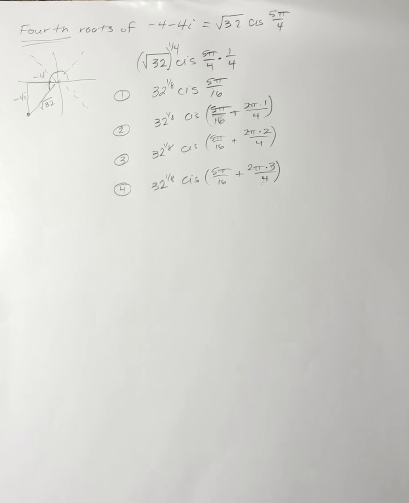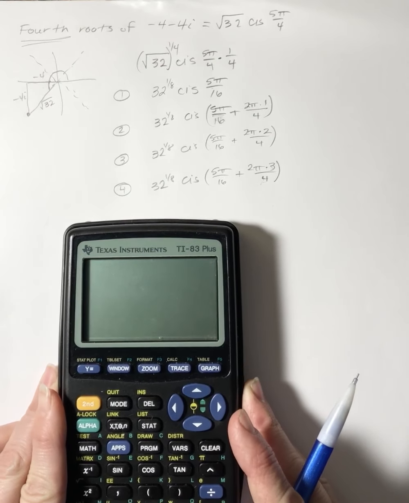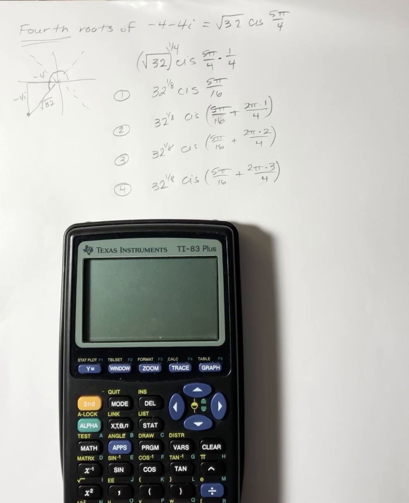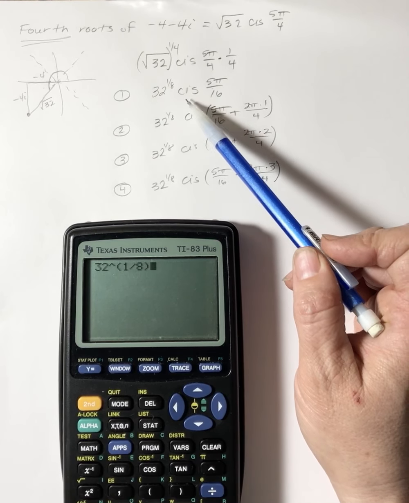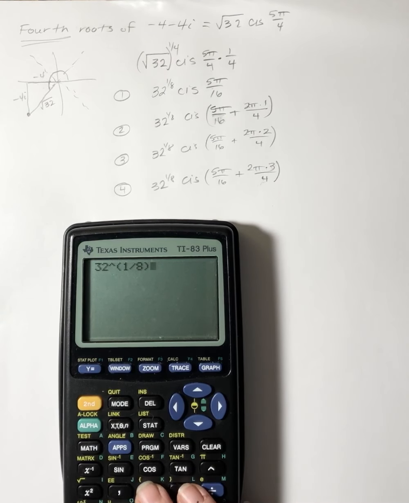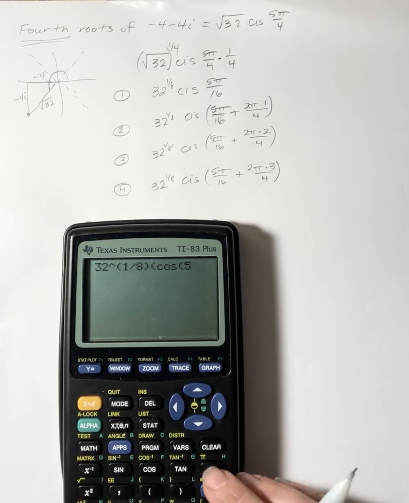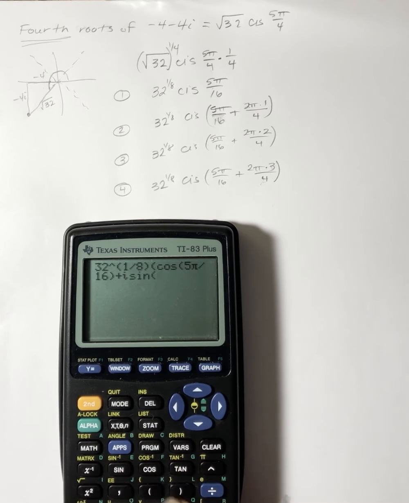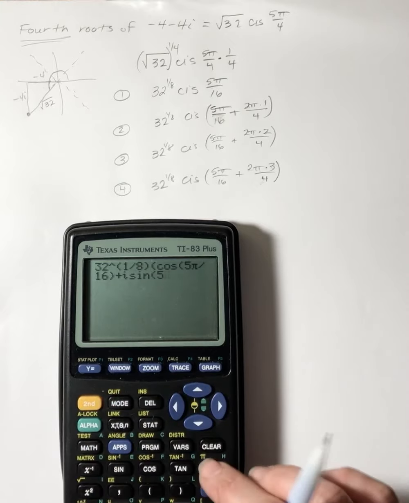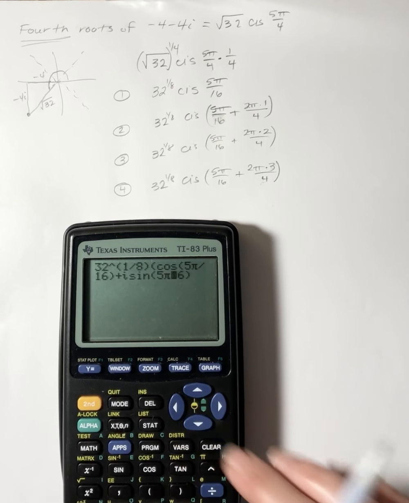Let me show you a faster way to plug these in the calculator, okay? So I'm going to do 32 to the 1/8 power. I have the old style, so I have to have that in parentheses. Now, the calculator does not have a cis abbreviation, unfortunately. So I have to do cosine of 5 pi 16ths plus i sine of 5 pi 16ths.